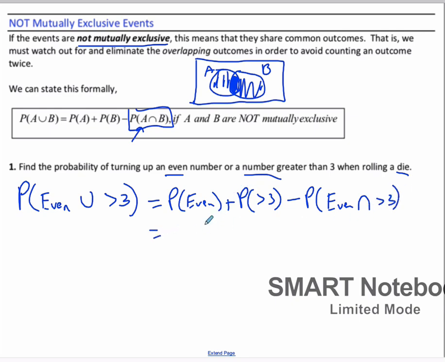The even numbers are 2, 4, 6, so there's 3 out of 6 ways for that to happen. Greater than 3 is 4, 5, 6, so that's 3 out of 6. Both can happen if you have a 4 or a 6, so that's 2 out of 6. We add those together and get 4 out of 6, or 2/3.